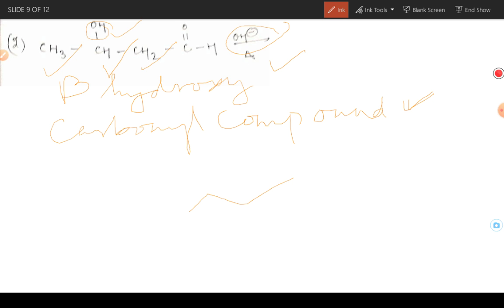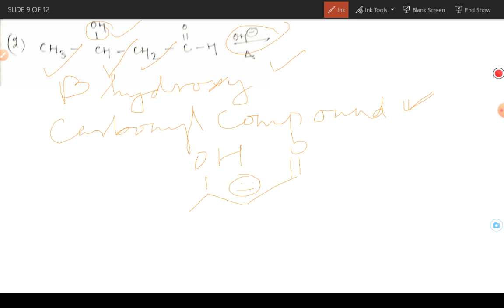See, after the removal of beta hydrogen and then hydride shift, we are getting this brilliant product.